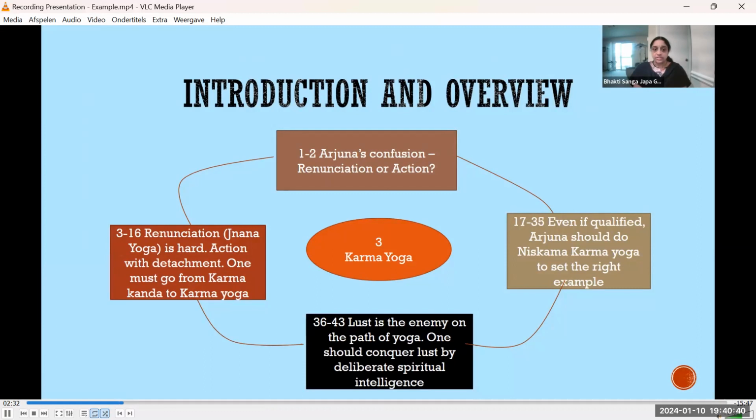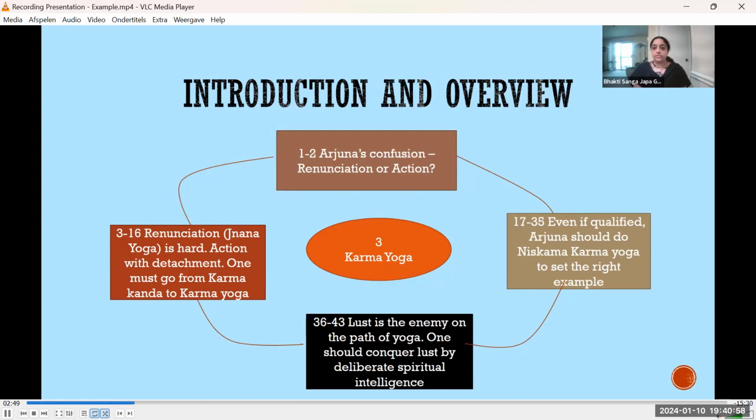From verses 3 to 16, Krishna explains that renunciation or jnana yoga is very hard, but one should perform action with detachment, and one must go from karma kanda to karma yoga.